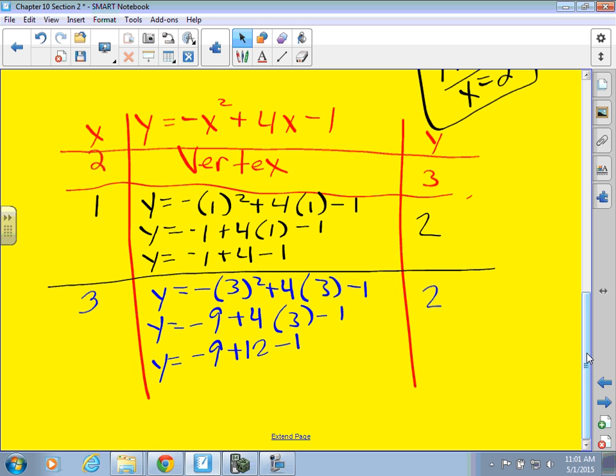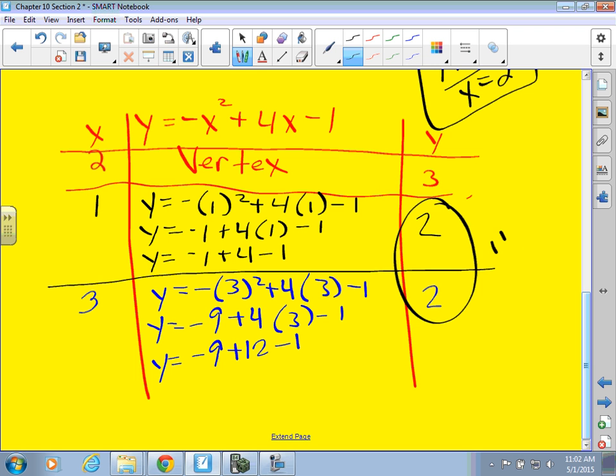So I'm going to go 2, 3, and I'm going to do 1, what? 1, 2. Whoa, that's scary. Is it supposed to do that? Yeah. Why? Because it's shifted.